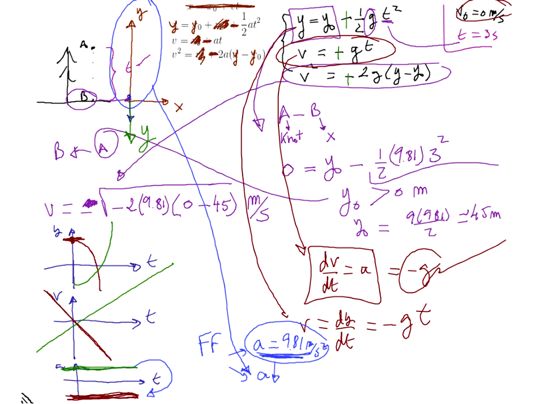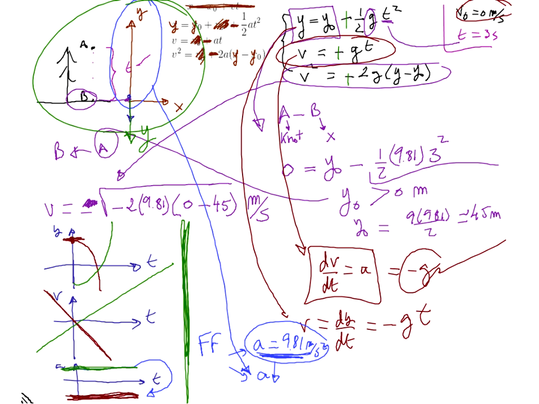So if you are being asked for those on the test, if I don't see your coordinate system, you cannot get points, because your answer depends on the coordinate system. So keep that in mind. If you want credit for those kinematic graphs, you need to make sure that you indicate your coordinate system.